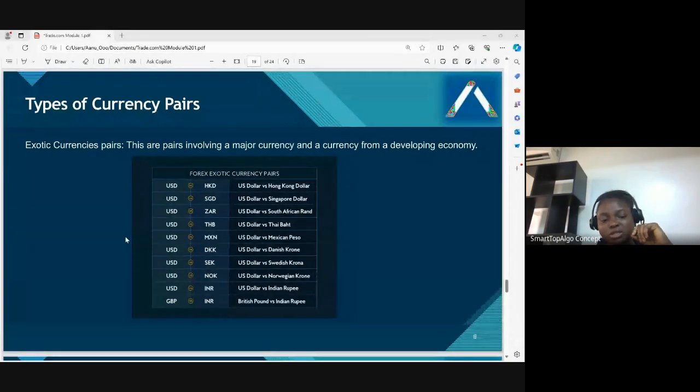Any of the major currencies, either US dollar or any of them, paired with a developing economy currency. If you look at all these currencies here, you will notice they are not part of the major currencies. These are developing economies. Nigeria is a developing economy. So when you see US dollar against Naira, it also falls under exotic. Any of these paired with it is an exotic.